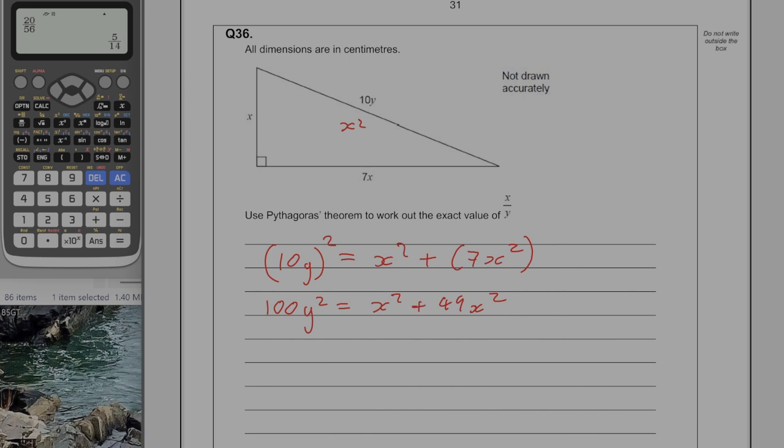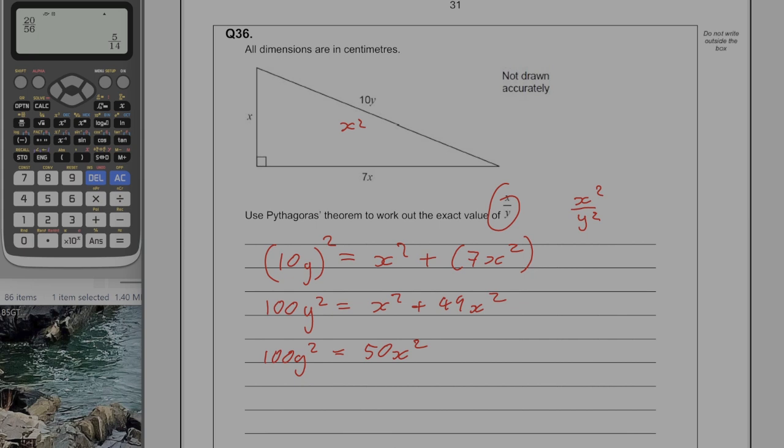So that means 100y squared is going to be equal to 50x squared. So I'm going to rearrange this. I want x over y, so I'm going to start with x squared over y squared.